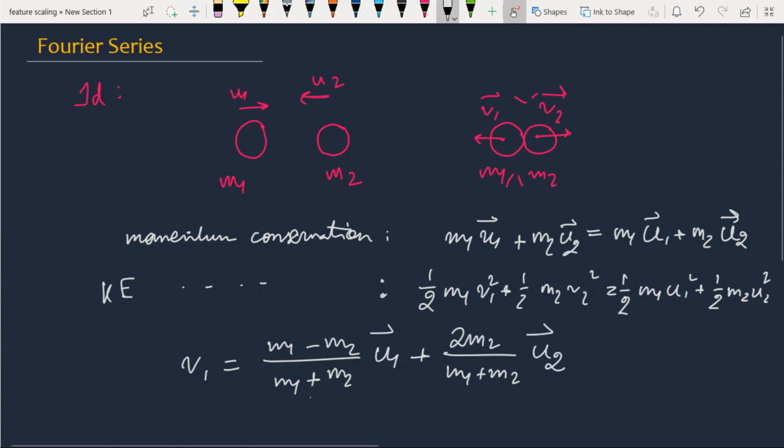This represents the velocity of the first ball after the collision, and similarly we can solve for v2 also, and in that formula the 1s are just going to be changed with 2s. So this was the basic one-dimensional case.